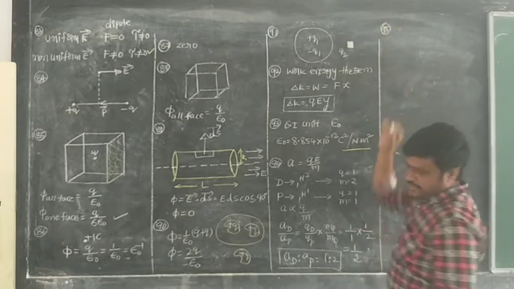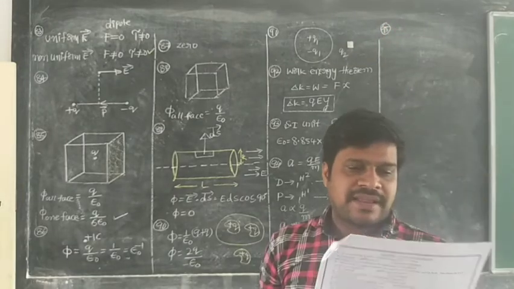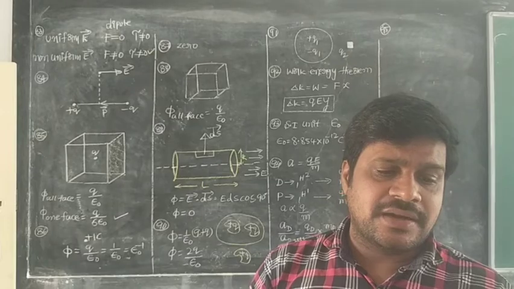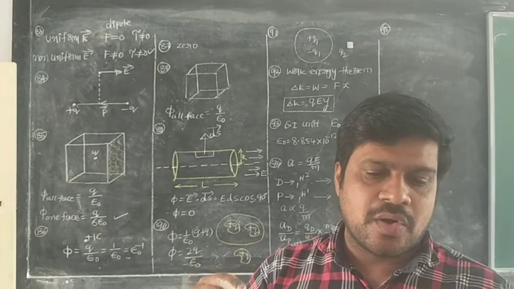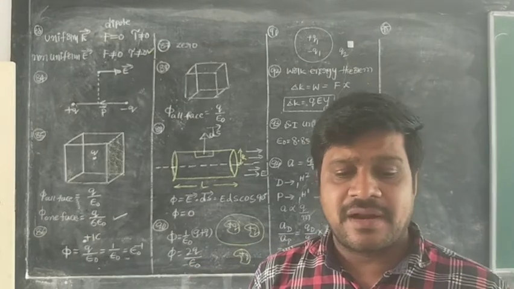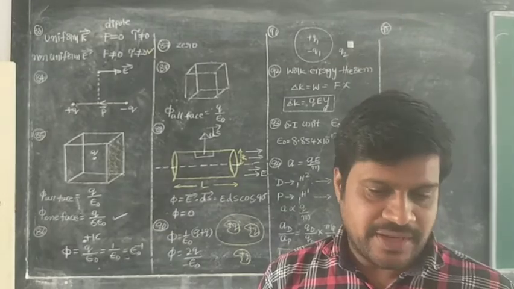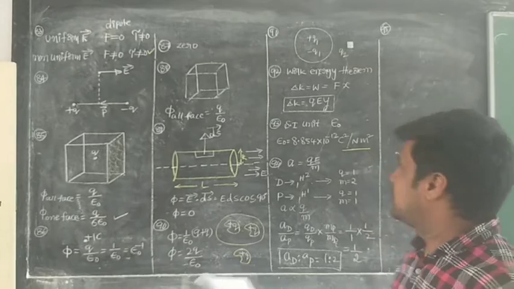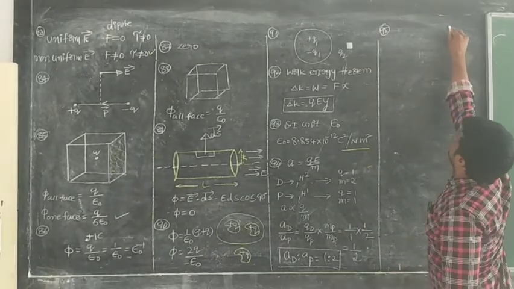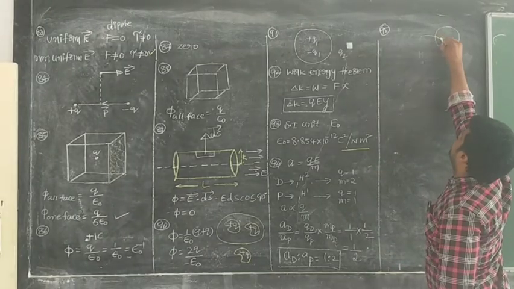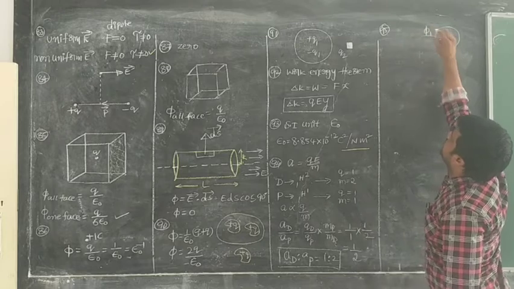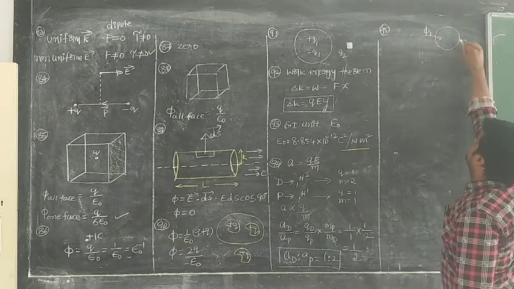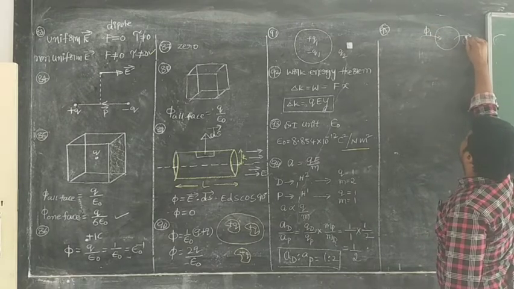Let me solve it. The electric flux entering and leaving an enclosed surface is phi1 and phi2 respectively. Then the electric flux inside the closed surface is, see from this closed surface, flux phi1 is entering, flux phi2 is leaving.